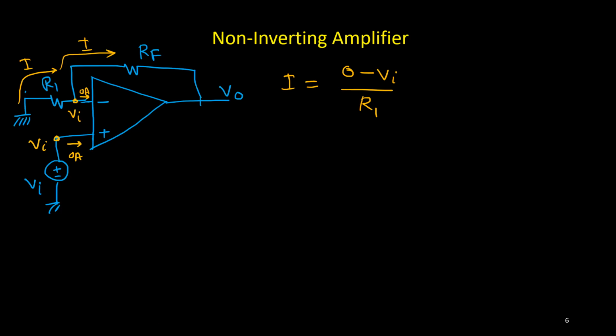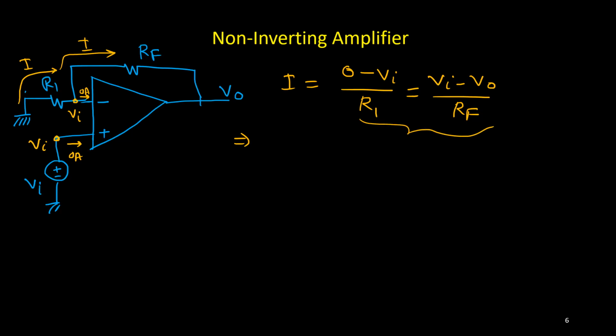Okay, so you can equate this one as: this is minus Vi upon R1 equals Vi minus V0 upon RF. Now we can simplify this. I'll consider these two only.